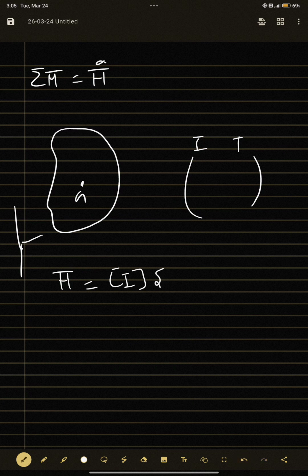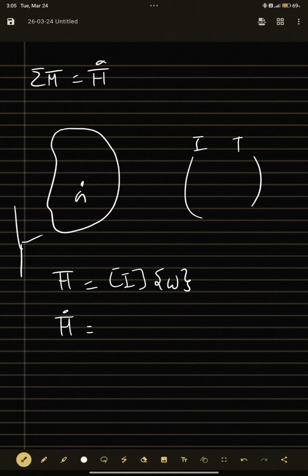Now here I am not writing G or O, it can be either G or O. When you take the time derivative with respect to a fixed axis, dH/dt, you can write H dot.